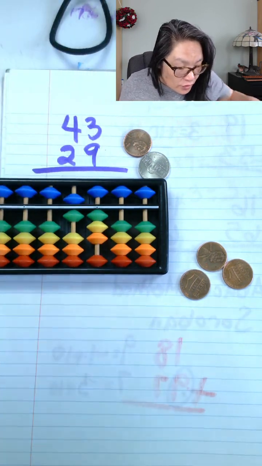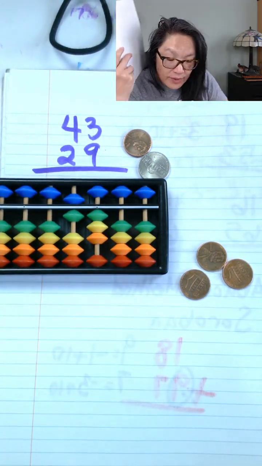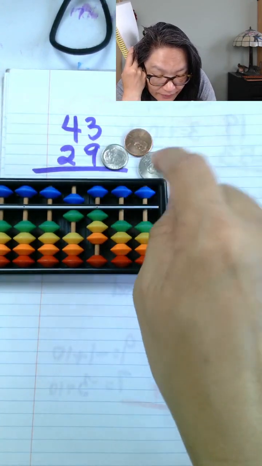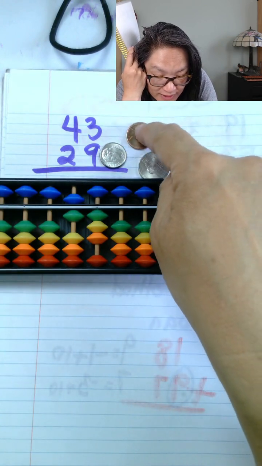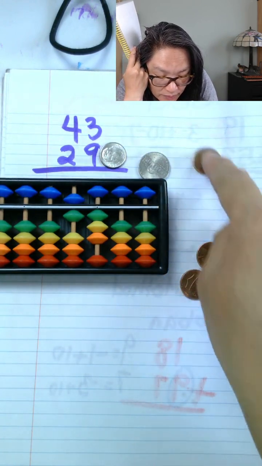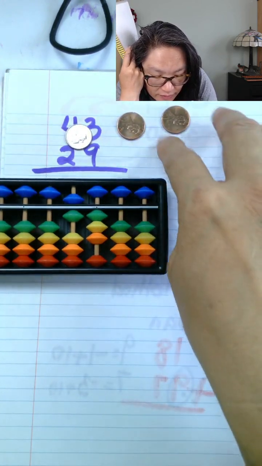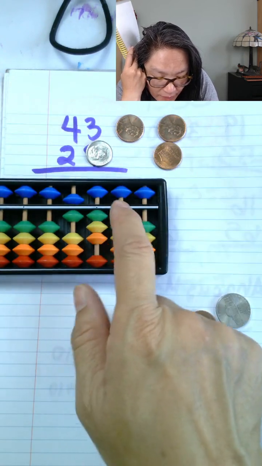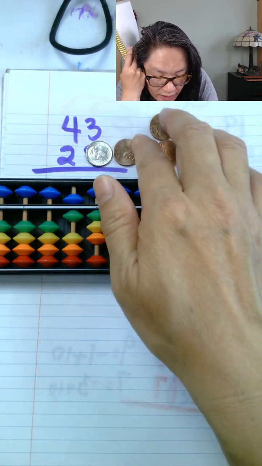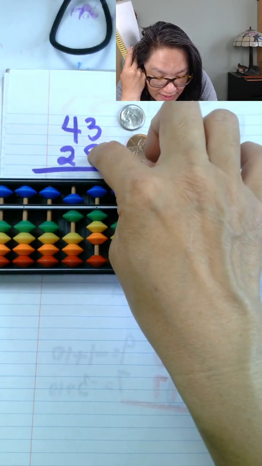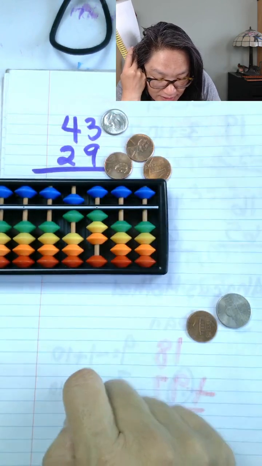If I follow through with my coin, I want to add the 9. I have 10 cents, but that's too much, so I need to take away the 1. I'm sorry, that's 3 on my abacus, 1, 2, 3. I need to add the 9 because we're looking at the add-in. I'm going to give you my 10 cents.